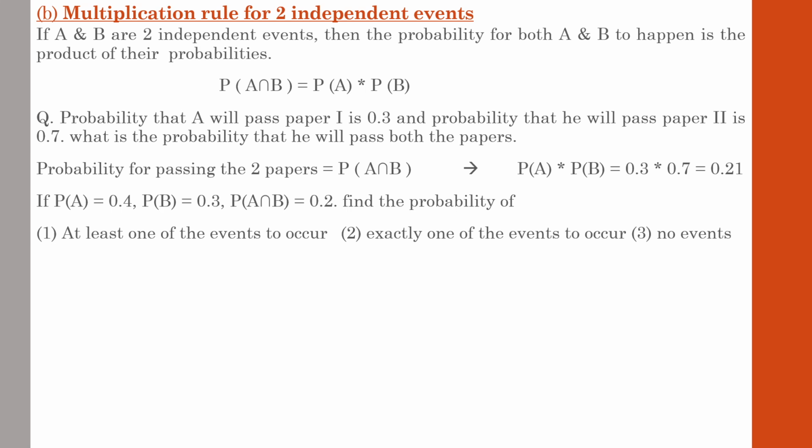That is the meaning. So three questions are there: probability of A, B, and probability with regard to A intersection B, both the events. 0.2 is given. Find the probability that at least one of the events to occur. So how are we going to deal with this?